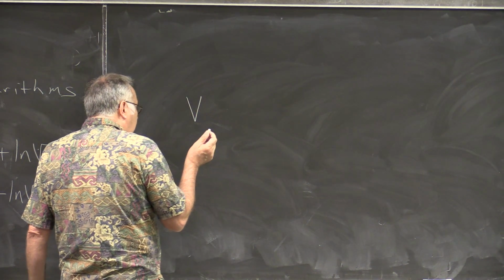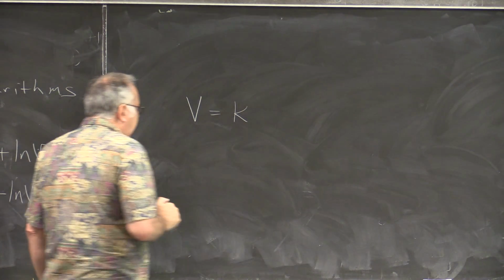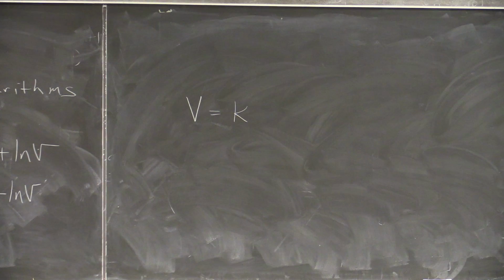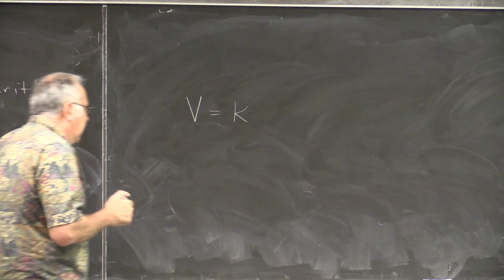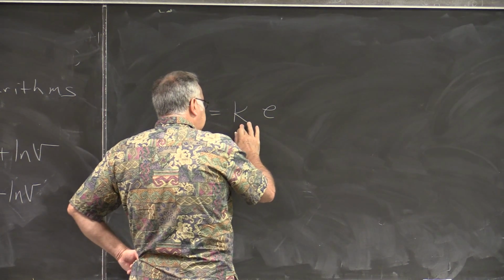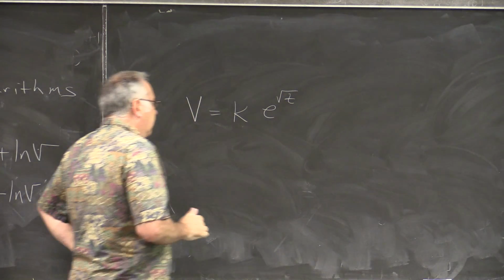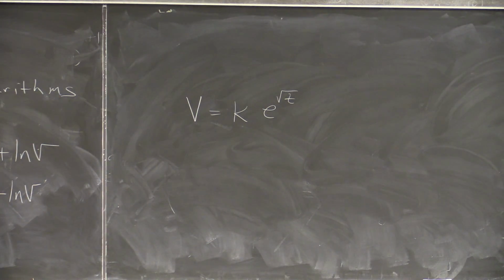And the future value of wine is just given by this formula right here. K is the value of the wine right now. But then you take the constant times e to the square root of t power. So this formula right here, let's assume, gives you the future value of wine.